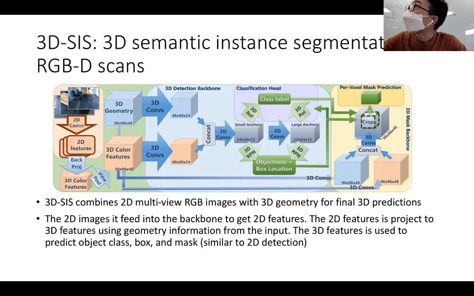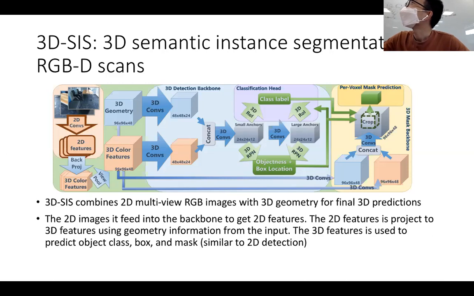From the multi-view images, they get 2D features. And if you study computer vision, there is 3D reconstruction from multi-view, so you can project your 2D features into 3D. It is quite complicated, but you can understand it simply: if you have a scene and multi-view images, you can map it into 3D.